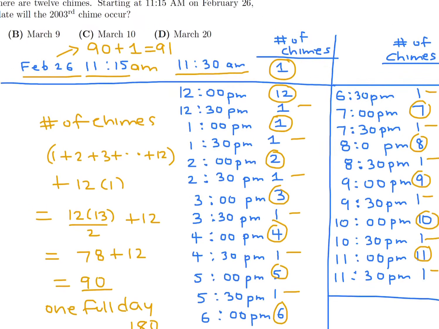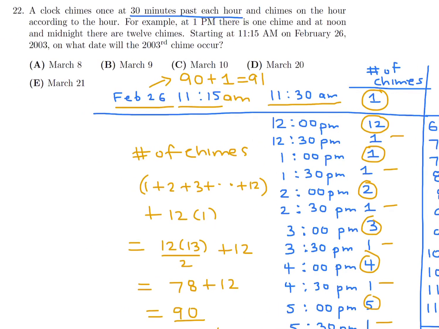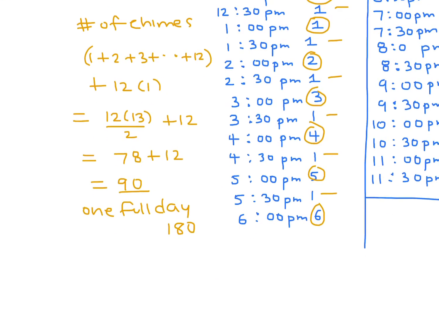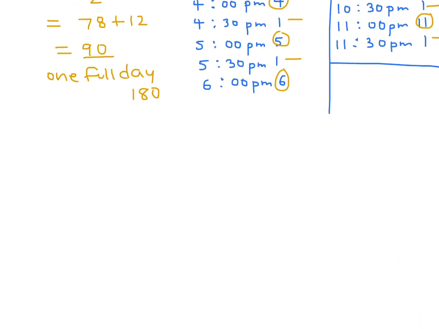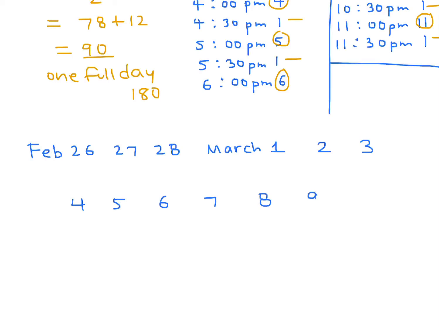All right. Now we want to figure out when will the 2003rd chime occur. Okay, no problem. Let's make a little calendar here. February 26th, 27th, 28th. 2003, right, was the date, but that was not a leap year, so I don't have to worry about February 29th. Then we get into March. 1, 2, 3, 4, 5, 6, 7, 8, 9, 10, and so on.